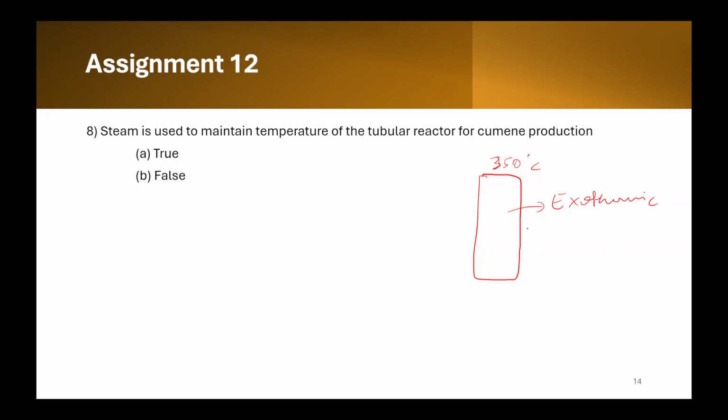So this is an exothermic reaction itself, whatever reaction is going on in the tubular reactor. So it is releasing heat. To maintain this 350 degrees Celsius, we will have to remove the heat. To remove heat, you don't use steam. You use cooling water or pressurized water. So this is a false statement. You need a cooling media, not a heating media.